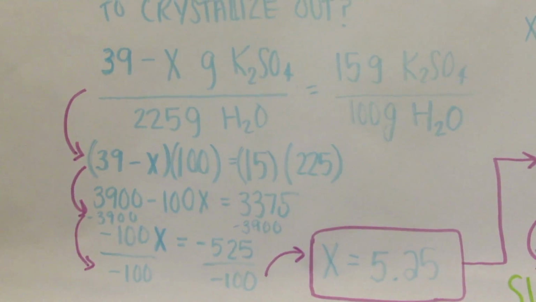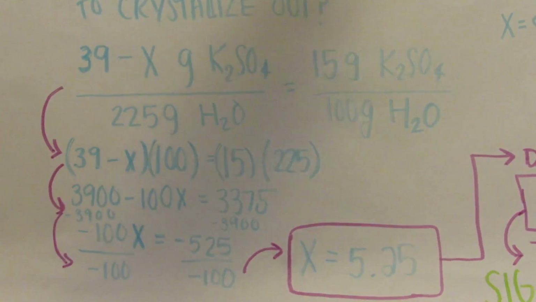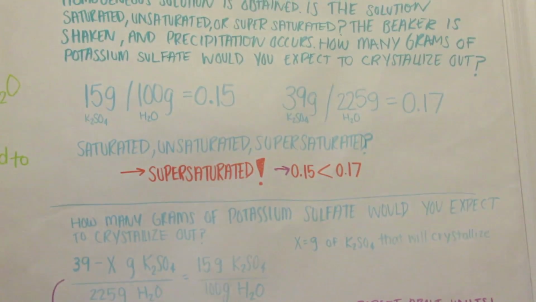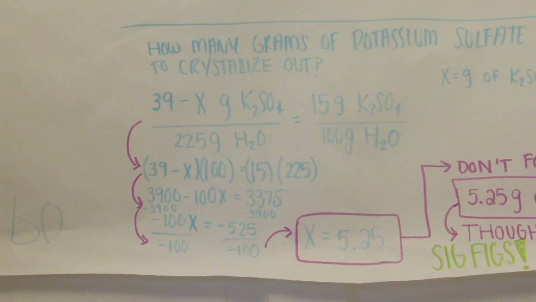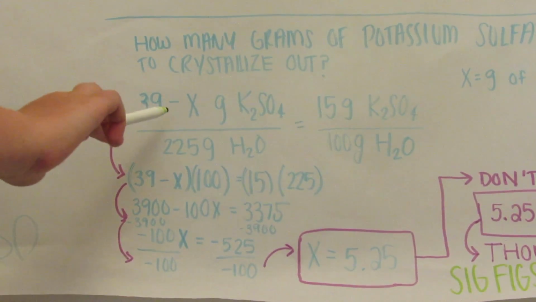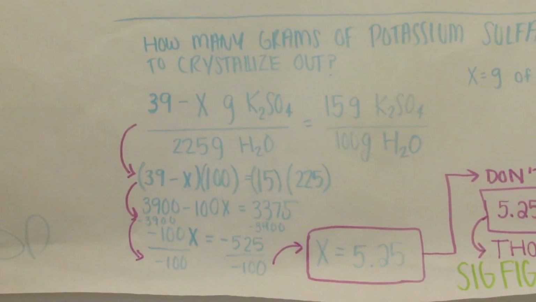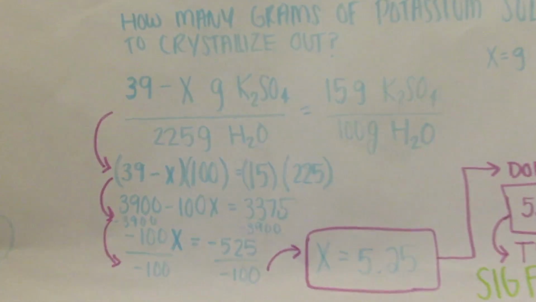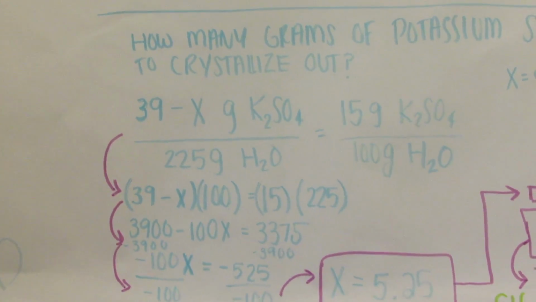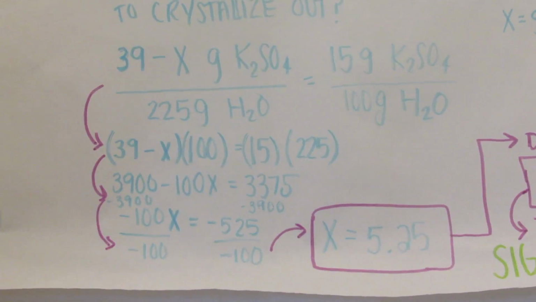So we know that the ratio that we used up here had too much of it, and that's why a precipitation reaction occurred. So we're going to figure out what needs to be subtracted or taken out in order to get the perfect ratio, and that X is going to tell us how much will actually crystallize out.